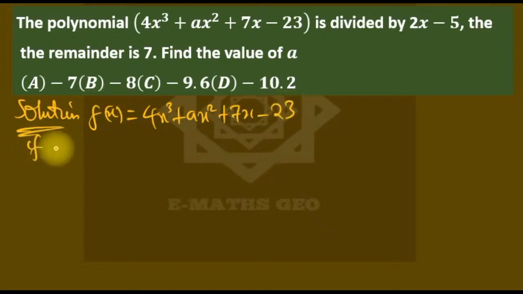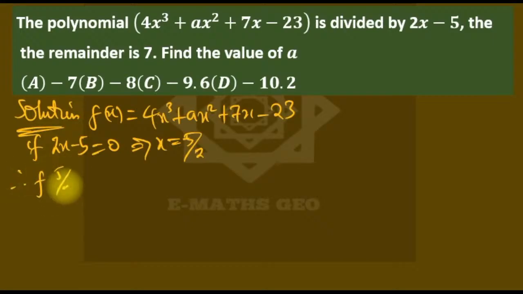Then if this is equal to 0, because we are trying to get the remainder, you equate the divisor to 0 as long as it's a linear factor. We now have that x is 5 over 2. Therefore, from the remainder theorem, f of 5 over 2 must give us 7. Yes, if you substitute this, it must give us the remainder.